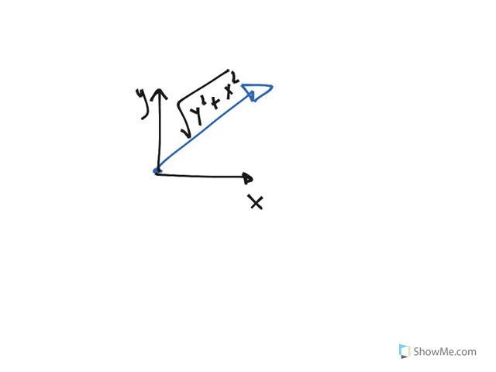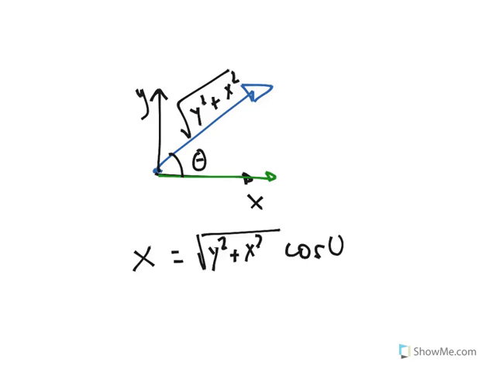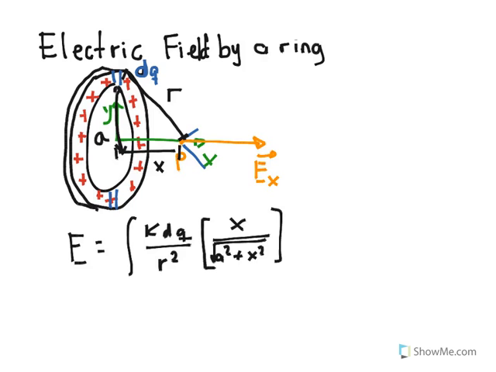If we only want the x component, which is the green one, it is the vector, the square root of y squared plus x squared, times the cosine of the angle, such that the cosine of the angle is x over the hypotenuse. And that's the reason why we have this unit vector, x over the hypotenuse.